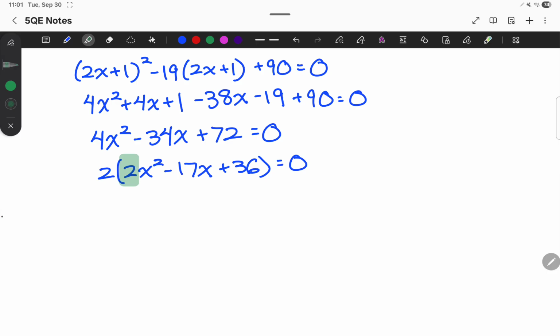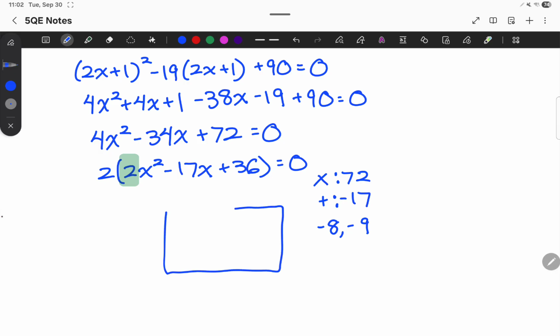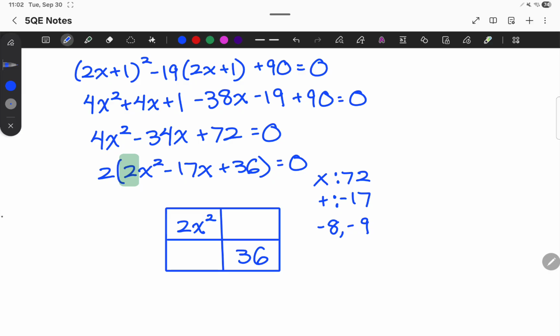And at this point, we do have a trinomial we can factor. Because we have that a value that is greater than 1, we're going to go to the box method for this. So I'm going to look for two numbers that multiply to 72, but add to negative 17, that will be negative 8 and negative 9, and set up our box. We have a 2x squared. We have a 36.